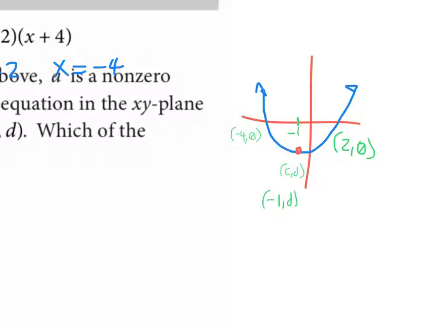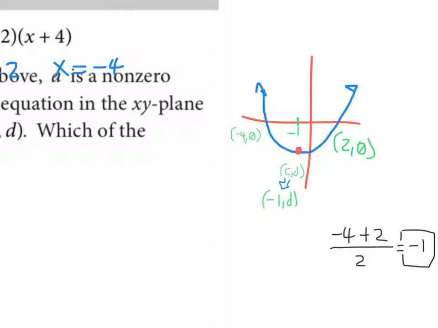Now, you might be asking, how did I know that? How did I know that -1 is perfectly in between 2 and -4? Well, in case you're ever not clear about how to find the midpoint between 2 points on the x-axis, you just take the x values, in this case -4, add it to the other x value, which is +2, and then divide by 2, and that would give you -1, right?